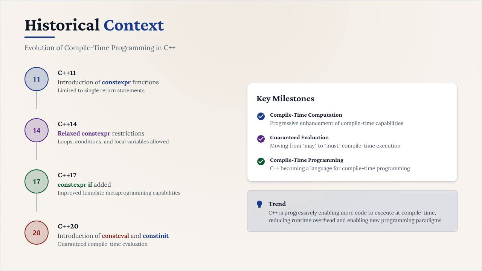Consteval ensures that a function is always evaluated at compile time, while constinit ensures that a variable is initialized at compile time, though it doesn't require the variable itself to be constant. This progression shows how C++ has gradually expanded its compile time capabilities, with each standard adding more powerful features. Consteval represents the current state of the art in guaranteed compile time execution, and we may see further enhancements in future C++ standards as the language continues to evolve toward more extensive compile time programming support.